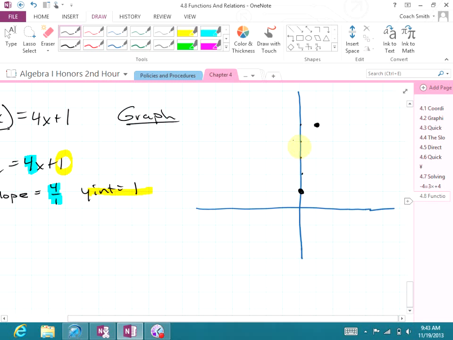Now, going up is positive, going to the right is positive. Then I'm going to go down 1, 2, 3, 4, and over 1 to the left. That's negative, thus equaling a positive. And there's your line.